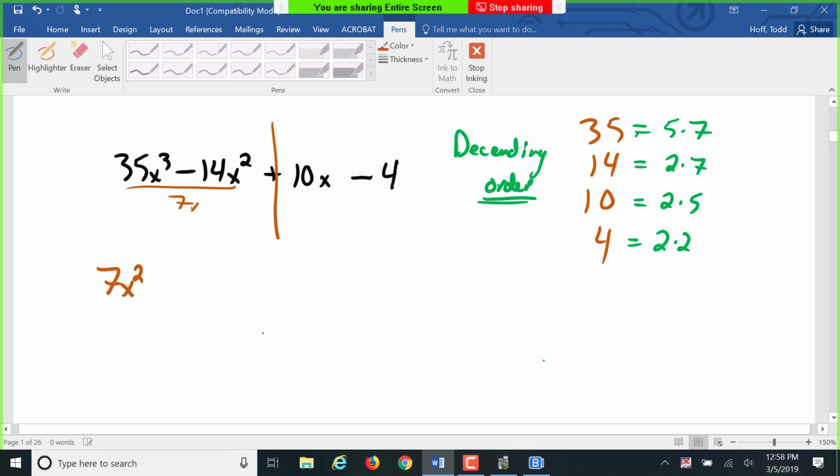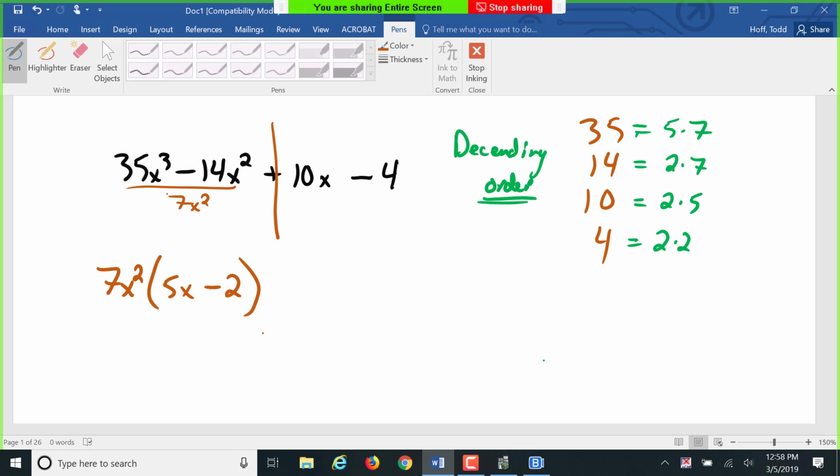So let's divide them by 7x squared. What would we get left over? 5x minus 2, very good. 35 divided by 7 is 5. x to the 3rd divided by x squared is just x. The negative 14x squared divided by 7x squared is negative 2.